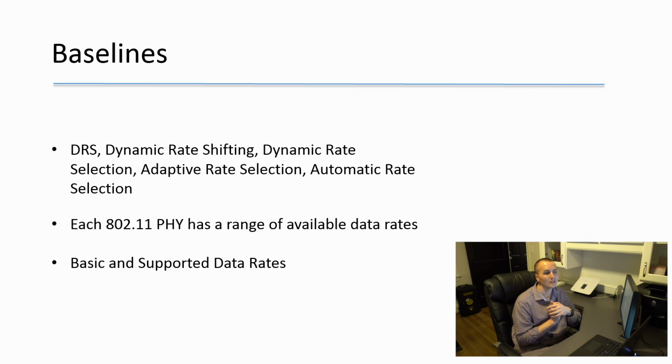Signal quality is typically represented with a combination of RSSI, received signal strength indicator, and SNR, signal to noise ratio. The quality is based on current RF conditions, but it also has a correlation to the distance between the AP and that client, which I'll demonstrate later in another slide.